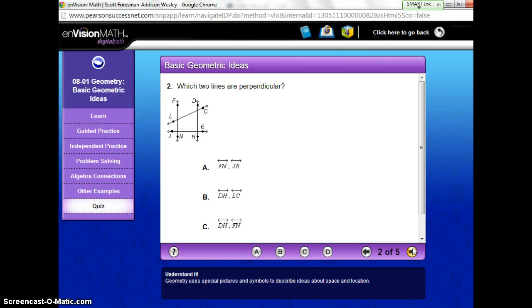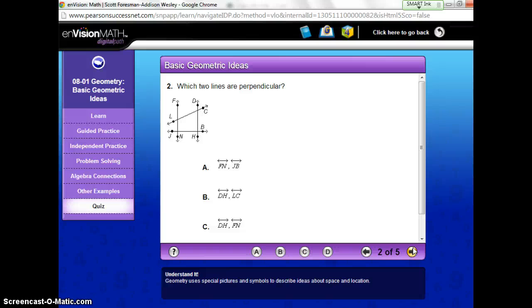Next question. Out of this picture, tell me 2 lines that are perpendicular. Will? I need lines though, not points.